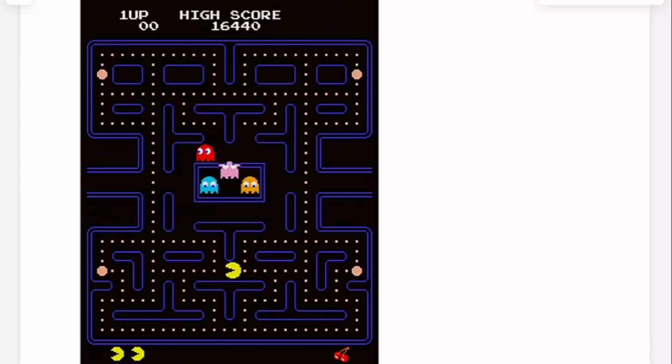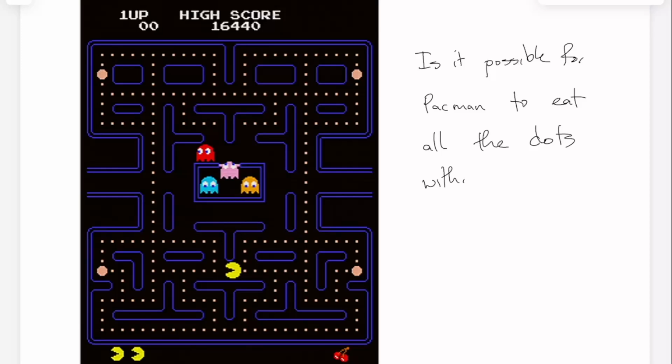Your goal in Pac-Man is to eat all of these little dots here, and also the big dots. The big dots are like a power-up, and you have to avoid being killed by these guys, the ghosts. But anyway, the question that everybody wonders from time to time, if you play Pac-Man enough, is it possible for Pac-Man to just run around the entire level to eat all the dots without ever retracing any steps?